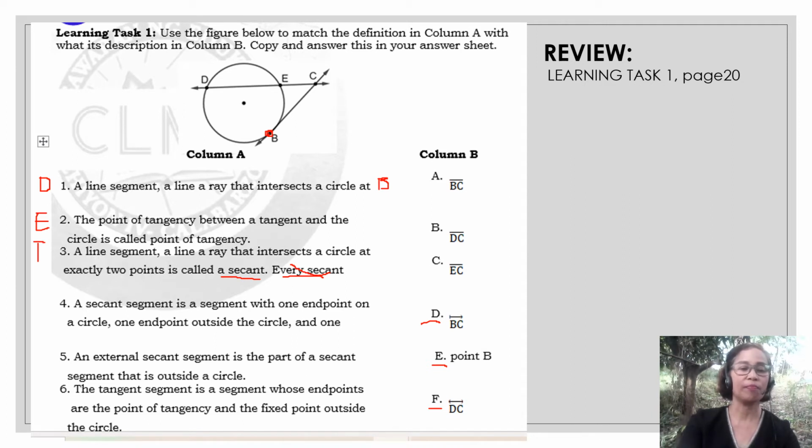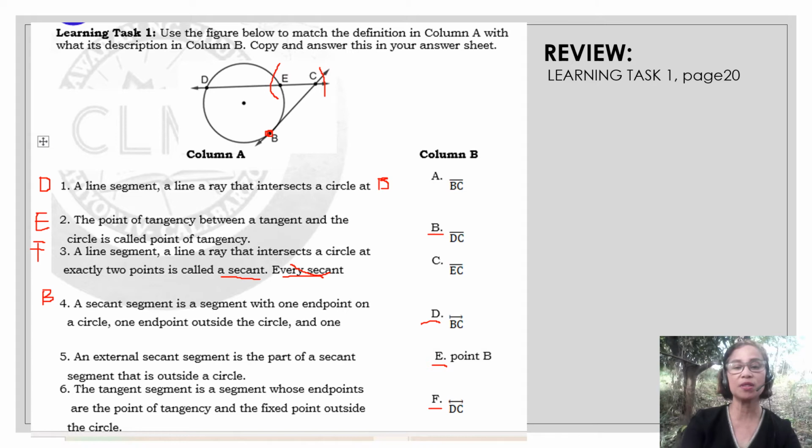Number 4. A secant segment is a segment with one endpoint on the circle. So number 4 is letter B, segment DC. Next, number 5. An external secant segment is part of the secant segment that is outside of the circle. So we have this external segment that is also part of the secant line.